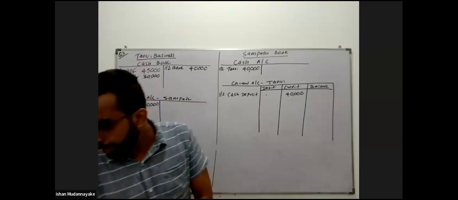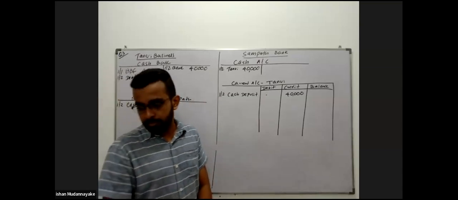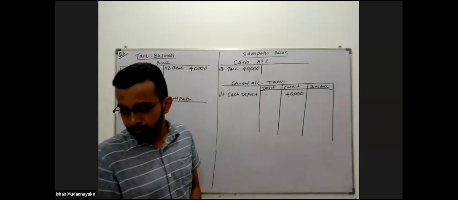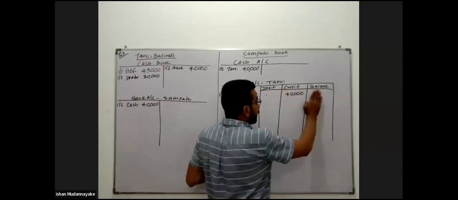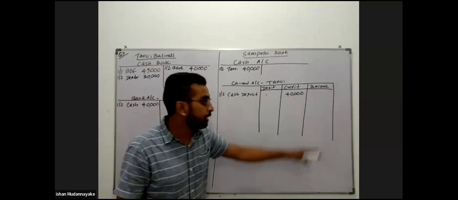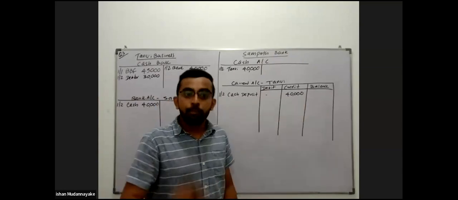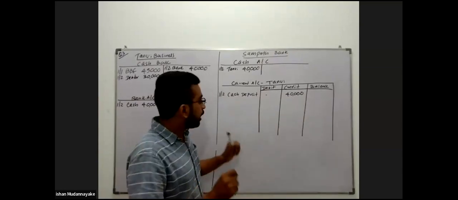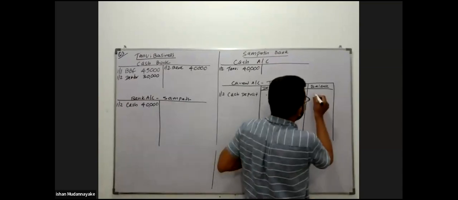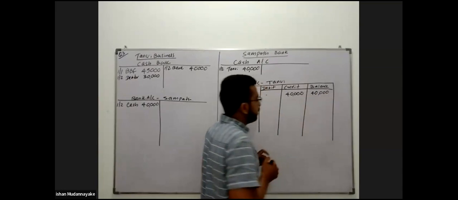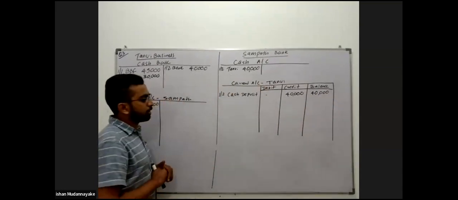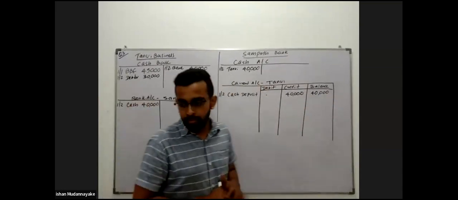Then what is the balance available in Tanvi's current account now? 40,000. Elona, is it clear?